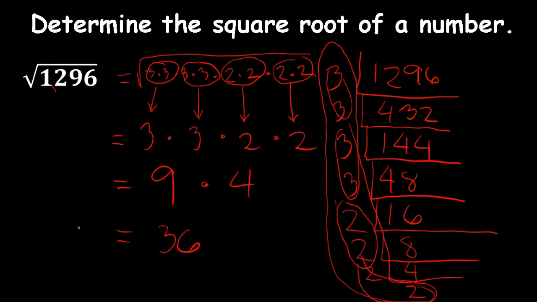Therefore, the square root of 1296 is 36, because if you multiply 36 by itself, the answer will be 1296. So that is how easy it is to determine the square root of large numbers by using the long division method.